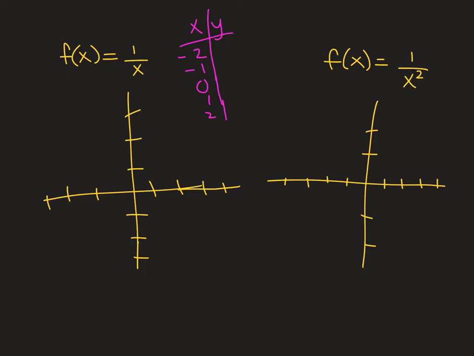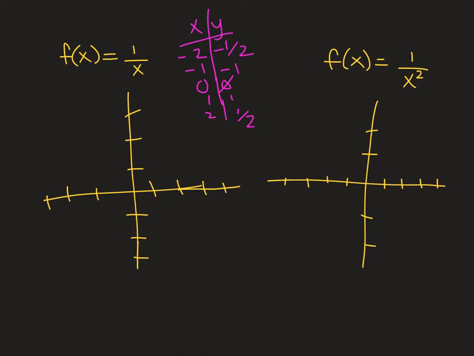So you would end up getting a few things. You would get negative 1/2, you would get negative 1. When x is 0, we actually have our graph being undefined at that value. We get 1 and we would get 1/2 here. So you don't have to draw all of these points if you don't want to. I just want you to kind of know the shape.